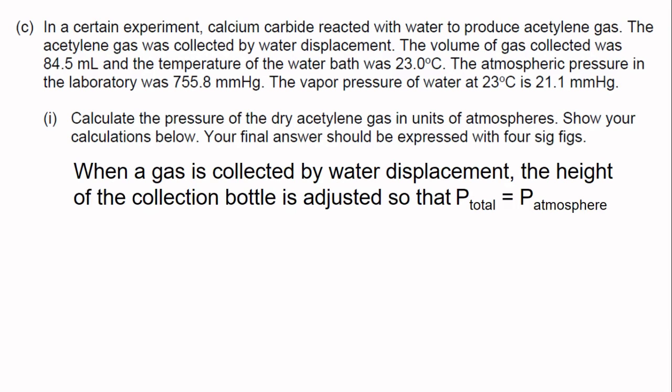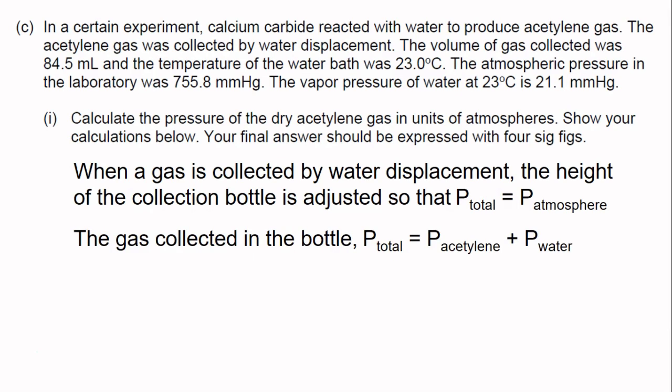When a gas is collected by water displacement, we adjust the height of the collection bottle so that the total pressure inside the bottle is equal to the pressure of the atmosphere in the laboratory. Now the gas collected in the bottle is going to be acetylene with a little bit of water vapor. So the total pressure is the sum of these two gases added together, their partial pressures.